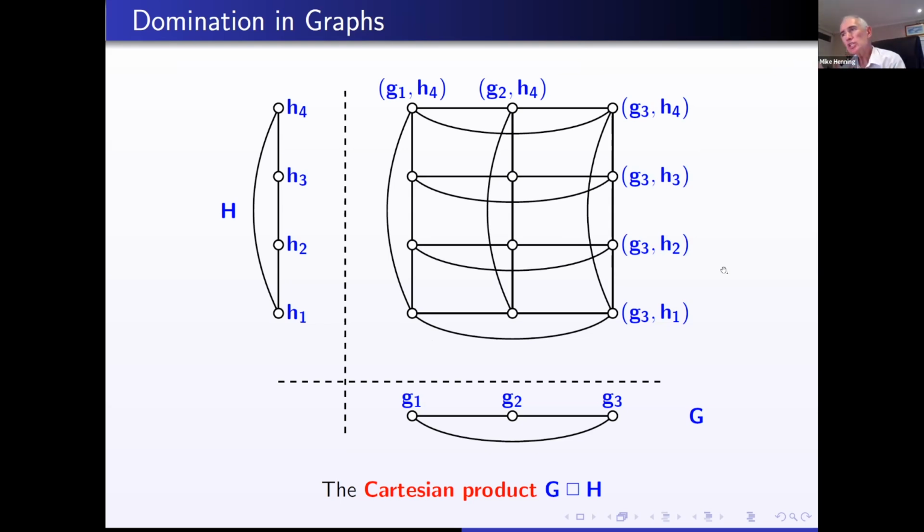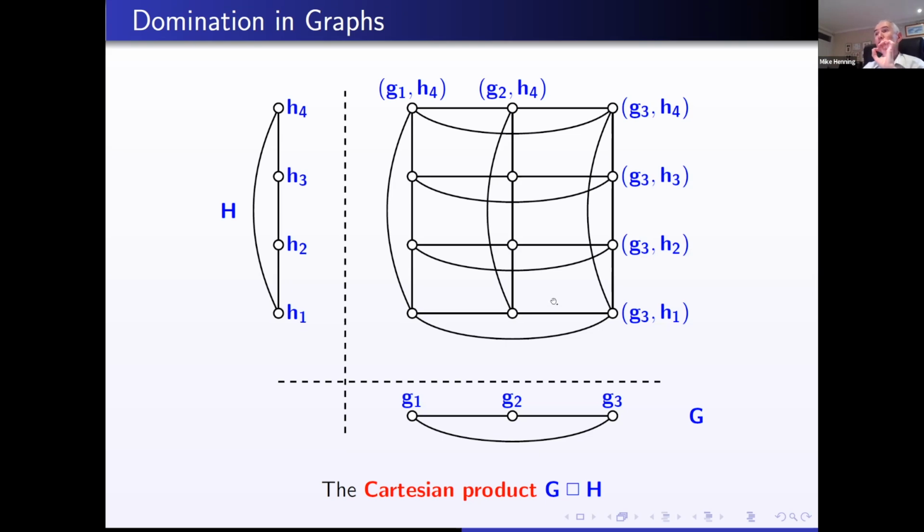So your domination number would be at least n, where n is the minimum of the order of G and H. So in this way, I can construct fairly easily, if you take G to be a complete graph of order n, and H to be a complete graph of order n or bigger, you can show the domination number is at least n.